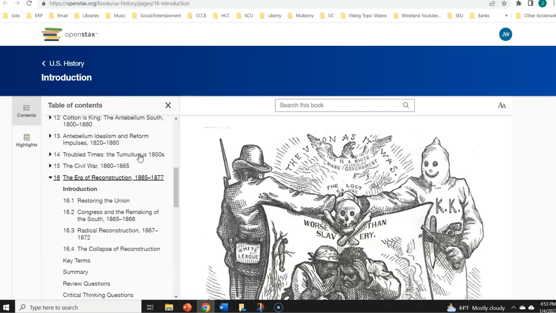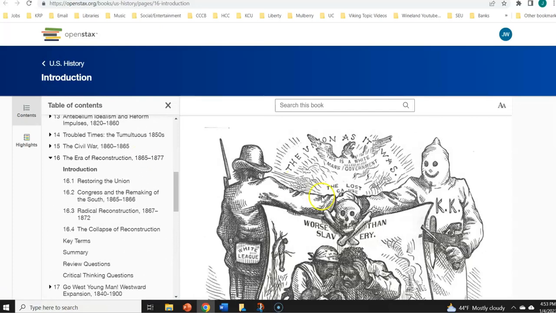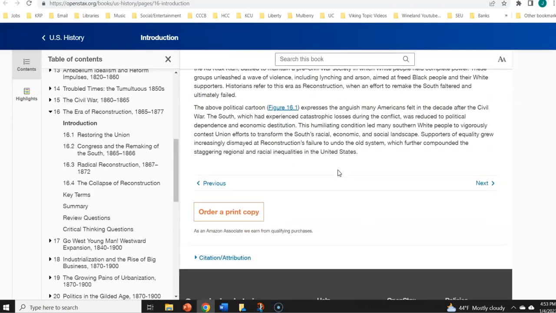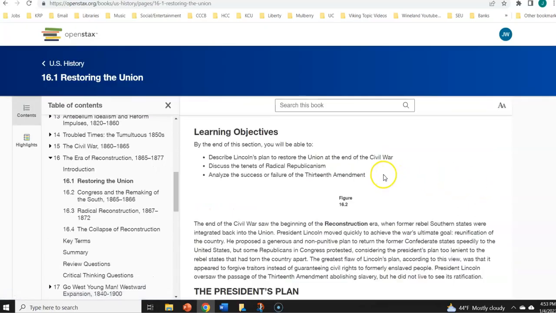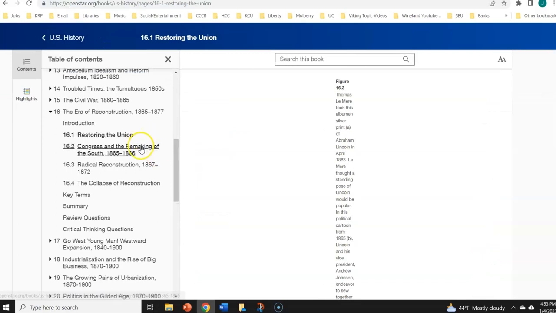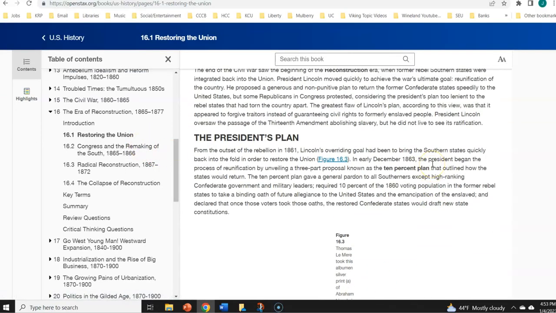It's all free. And so what you can do, era of Reconstruction, you can go down through, look at the image, read the text. Okay? You can go to the next page, and you can continue reading. All right? So in many regards, it's just like any other textbook. The only thing is you don't have to buy this one.